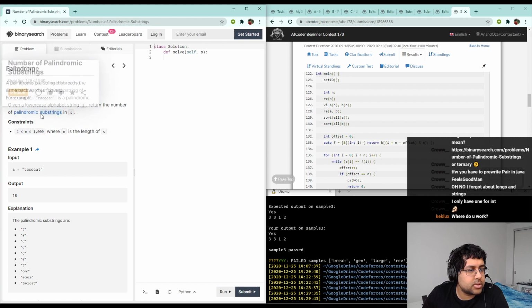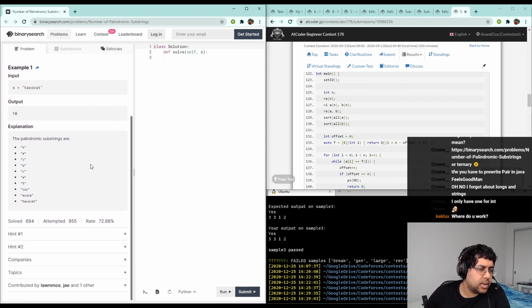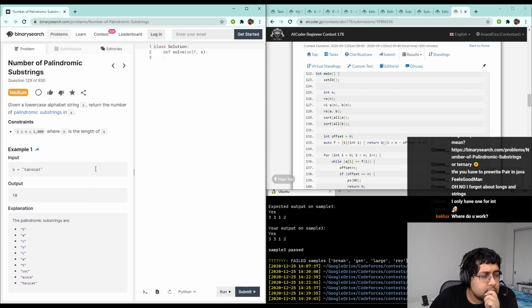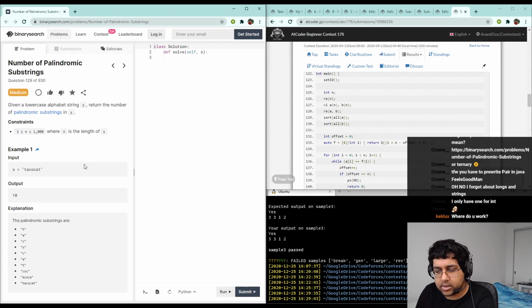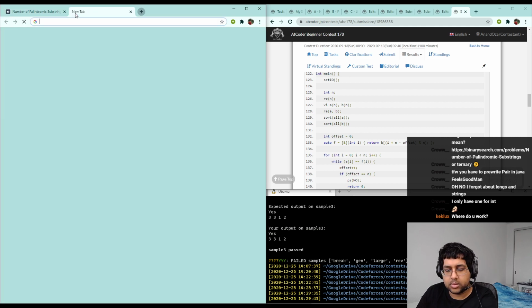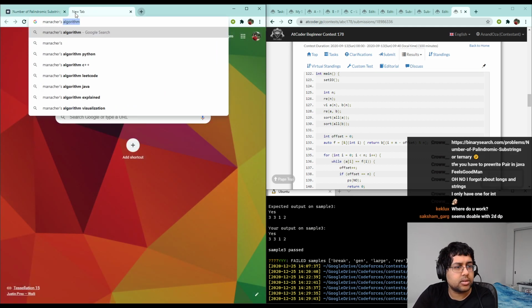Oh, that's kind of cool. They're little inline definitions. So I think there's a standard algorithm that solves this called Manacher's algorithm.